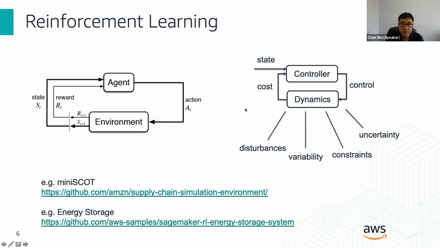So now let's look at reinforcement learning. I assume that some of you may have seen such diagrams. This is quite a popular diagram, showing on the left a very simple picture of the interactions between an agent and an environment. The agent observes some states from the environment, and based on the observation, the agent decides to take some actions.